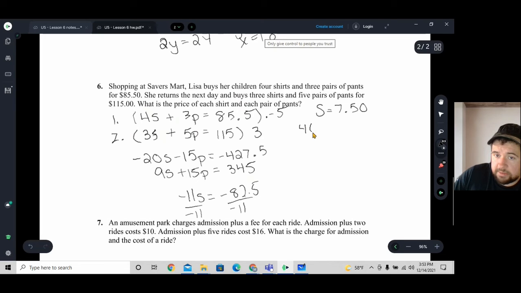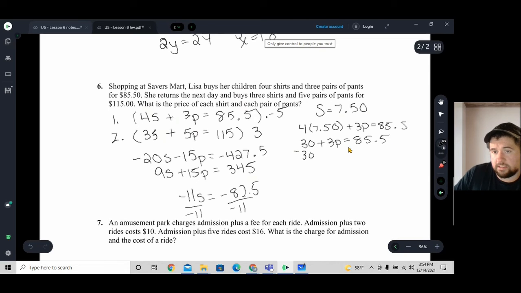So 4 times 7.50 plus 3P equals 85.5. 30 plus 3P equals 85.5.